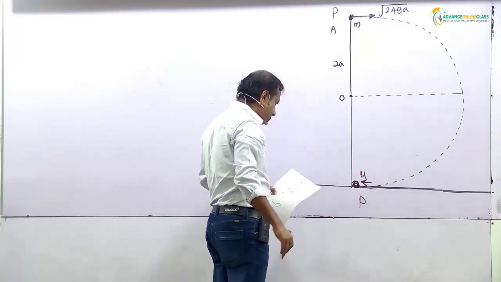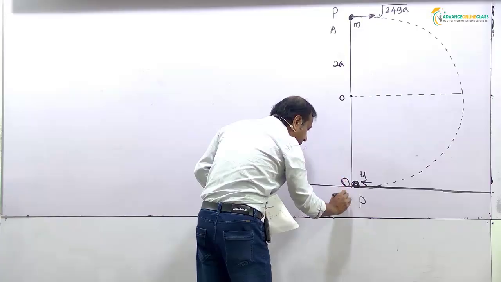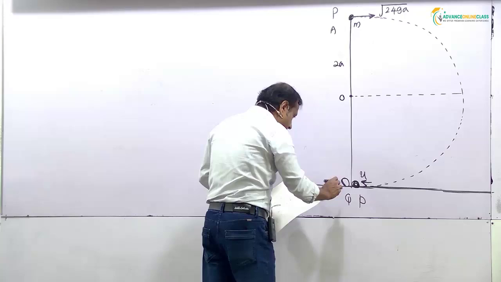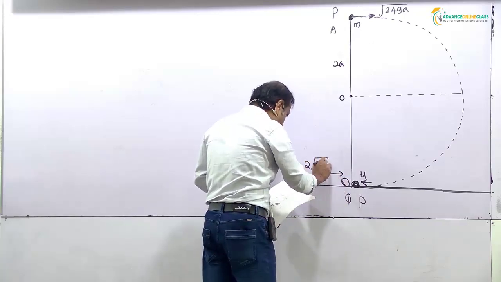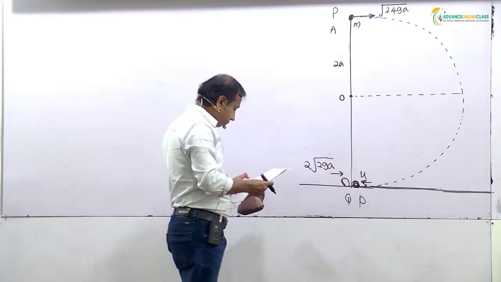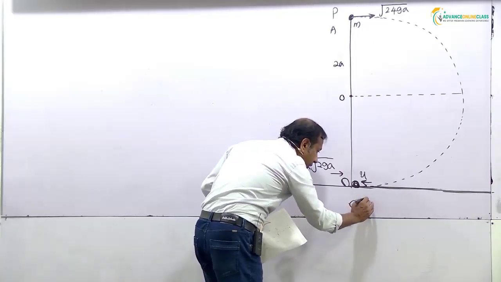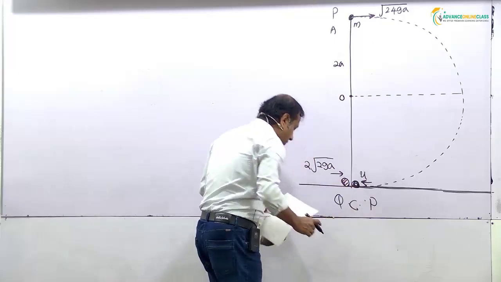At the same moment, Q moves in this direction, root 2 g a. This lowest position point is C. P is here, Q is here.